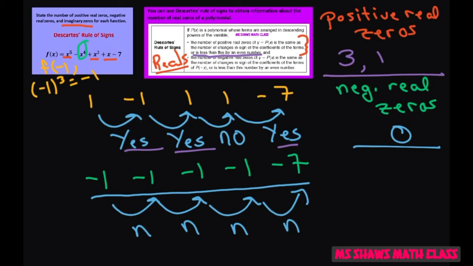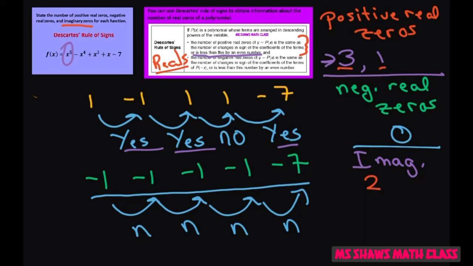Now, from here, we can look for our imaginaries. For our imaginaries, we can have a total of 5 solutions, or zeros. If we have 3 positive reals and 0 negative reals, then that leaves us with 2 imaginaries.